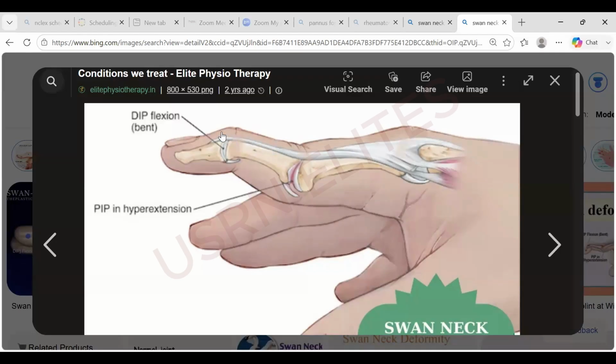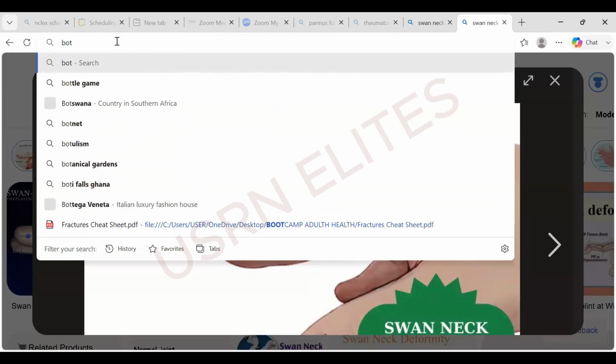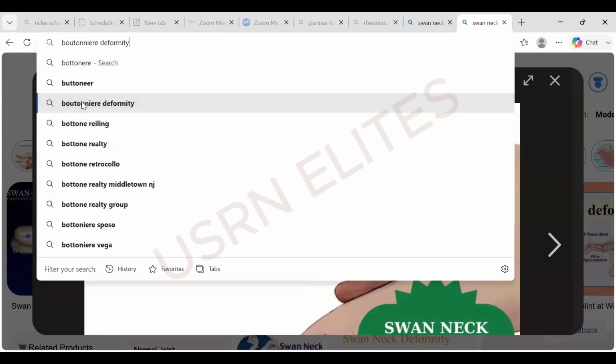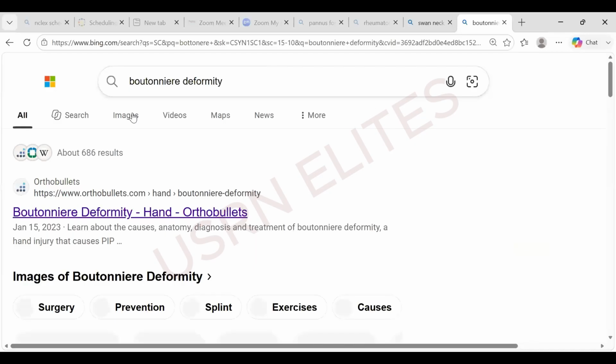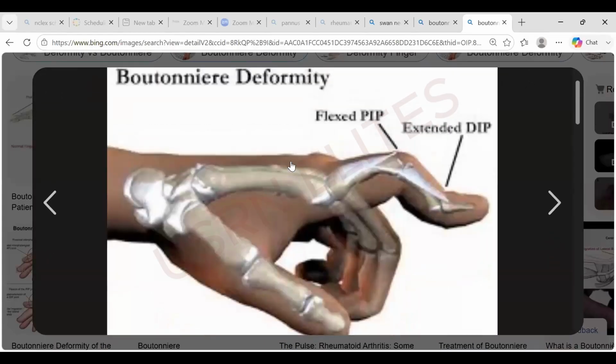And the other one, the boutonniere deformity, is the opposite. You have the distal having what? Extension, and the proximal what? Flexed. Let me show you. Have you seen this?